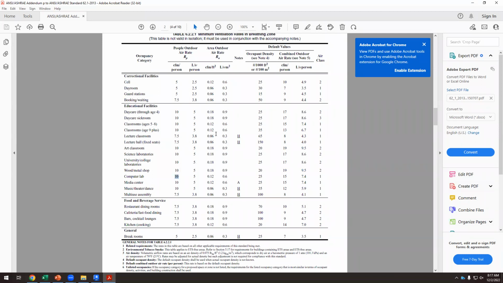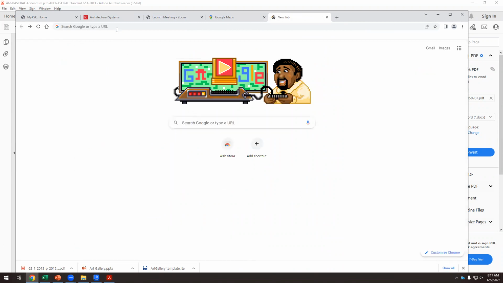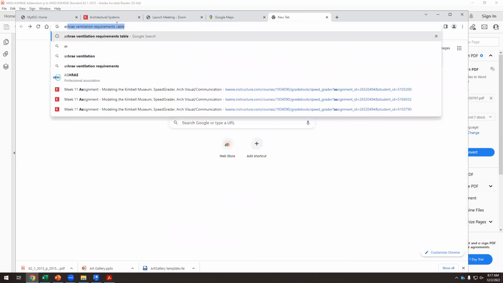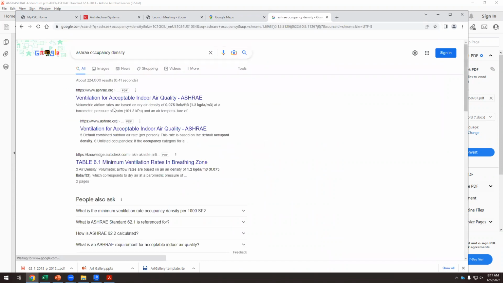Okay. But what I was looking for was the ASHRAE occupancy density. Let's look at this.